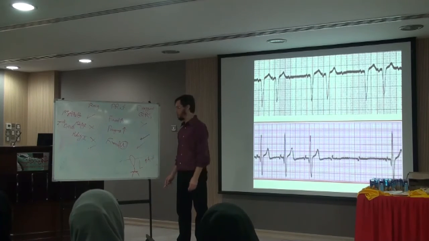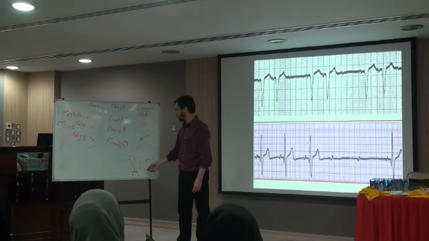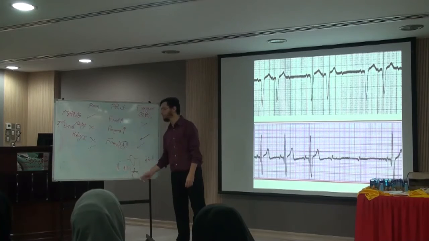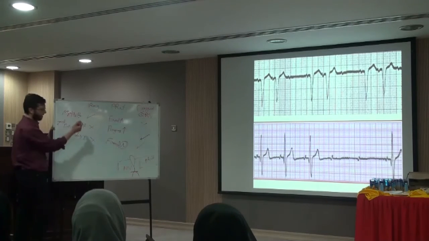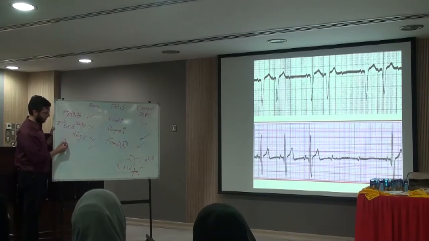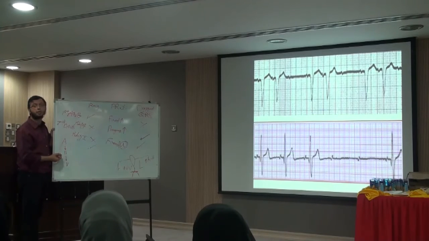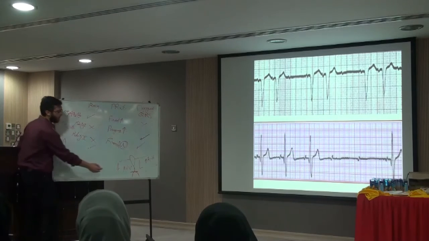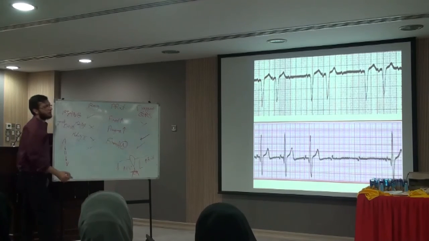The one with infrahisian block, who will have a wide complex, will have a prolonged HV, because the conduction occurs from the atrium downward, from A to the His bundle to the ventricle. So the patient has either AH prolongation or HV prolongation. If it is HV, the complex is wide. The block is occurring at the infrahisian level.